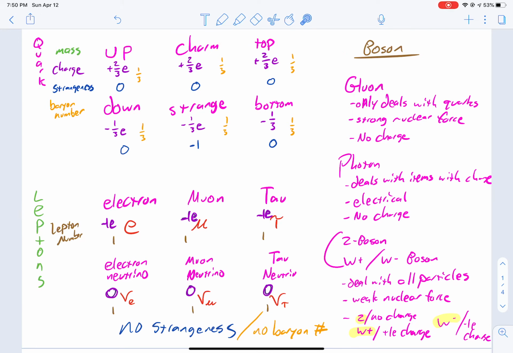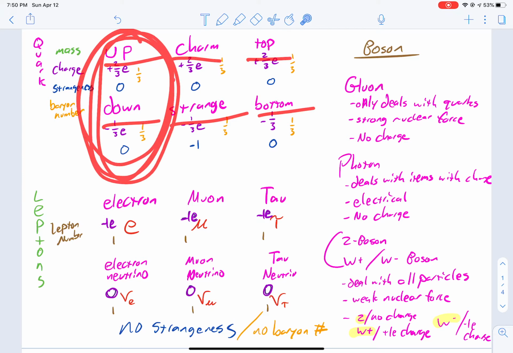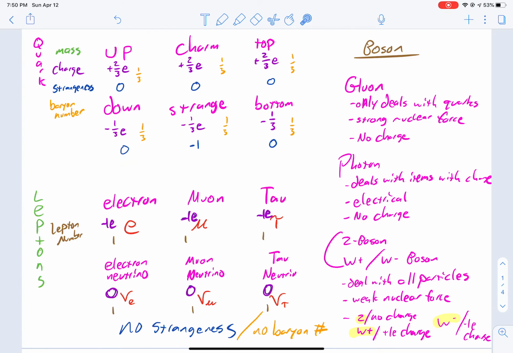The quarks: up, down, charm, strange, top, bottom. Remember the light ones, up and down, those are by far the most common. You'll run into these other ones, very unlikely. Leptons, same thing, the very light ones are most common. The other ones, less common. They all have charges. They have strangeness. Well, really only one of them has any kind of strangeness. They have baryon numbers, and they have lepton numbers, and all of these need to be kept in mind.